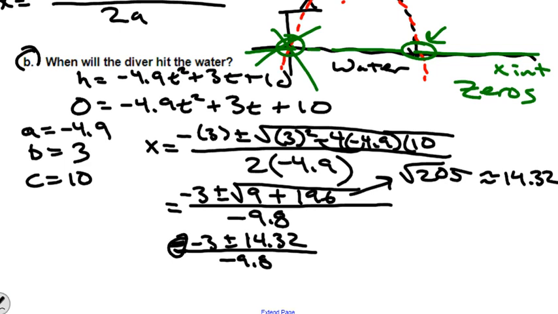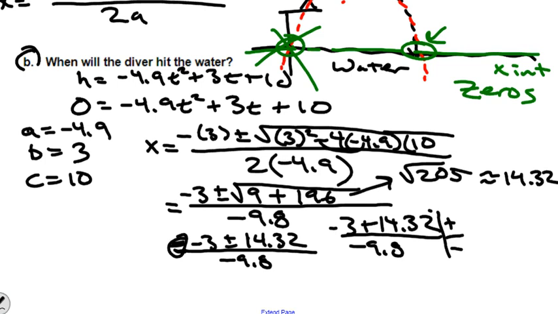All right, now let's think about our two solutions. You're going to have negative 3 plus 14.32 over negative 9.8. Now, negative 3 plus 14.32 is going to give you a positive number, and a positive divided by a negative is going to give you a negative answer.